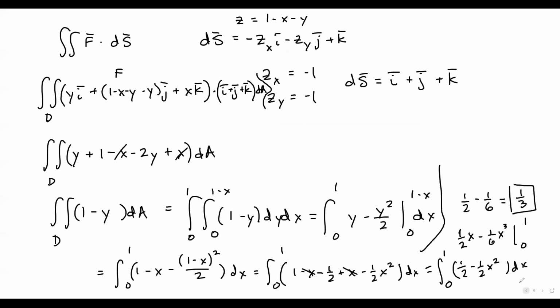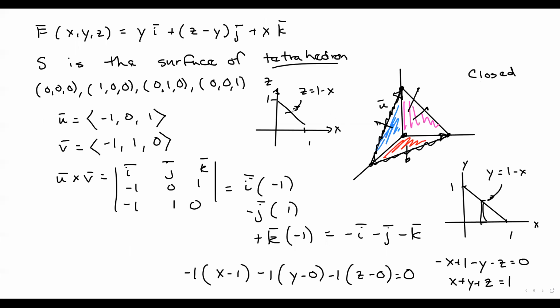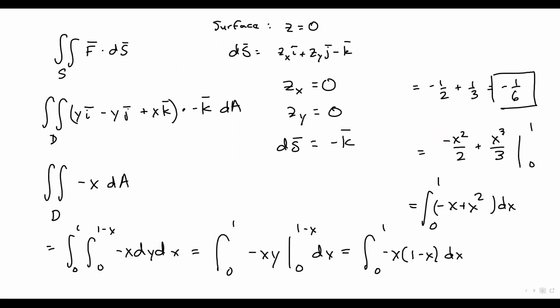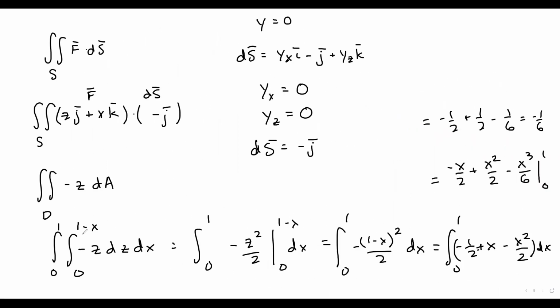So instead of doing top to bottom here, if you'd gone through and done it like this instead, it is still z equals 1 minus x, but it also would have been x equals 1 minus z. And then this could have been 1 minus z and then 0 to 1, and then it would have matched. In any case, it didn't take that long to do this. So we've got negative 1/6 again.